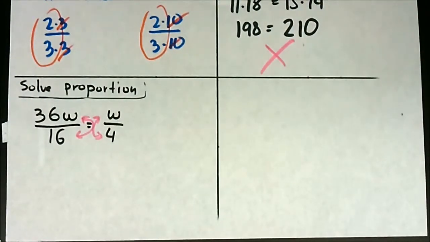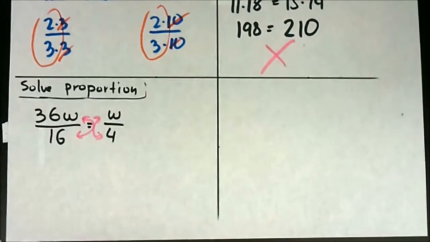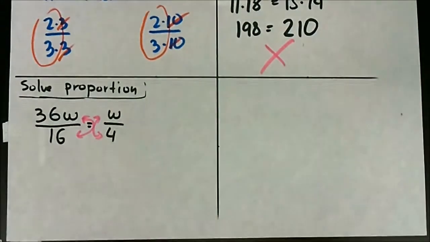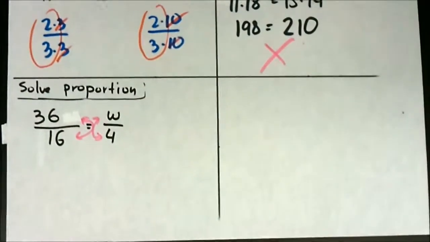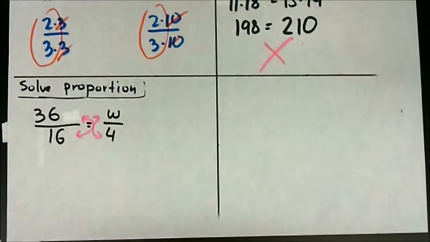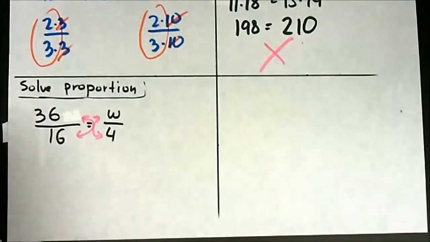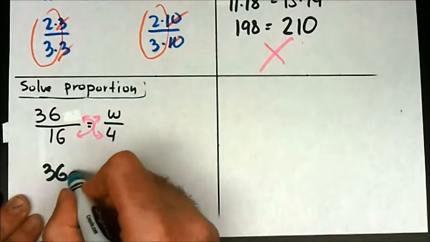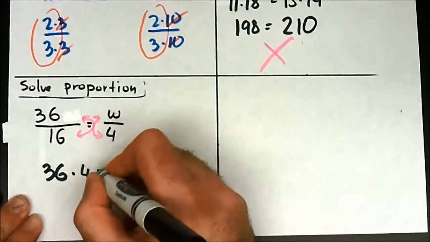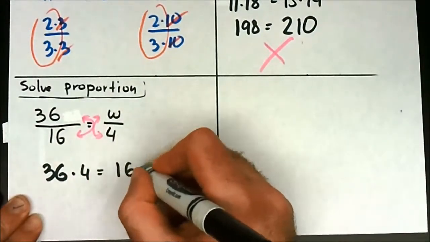The rest is cake. So my two cross products are in, I think I made a mistake here. Hold on. Yeah, I don't know how that W snuck up there near the 36. So the cross products are 36 times 4 equals 16 times W.